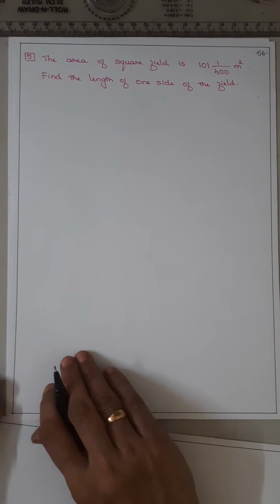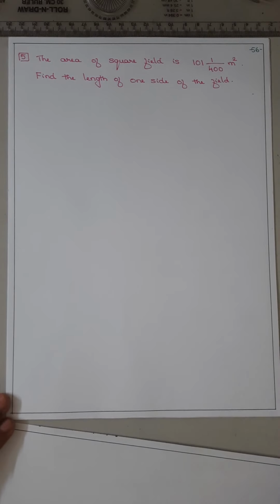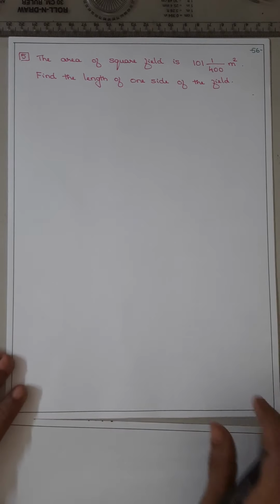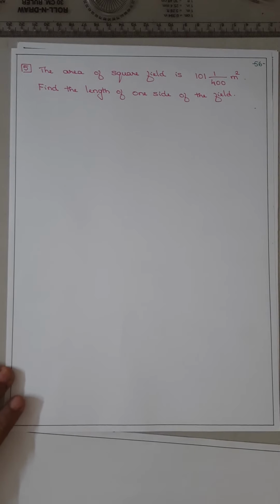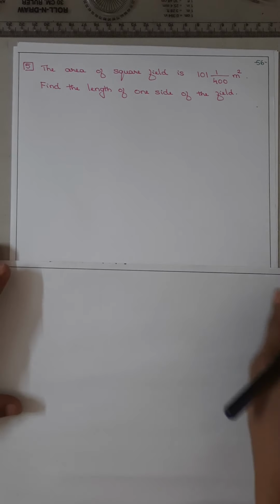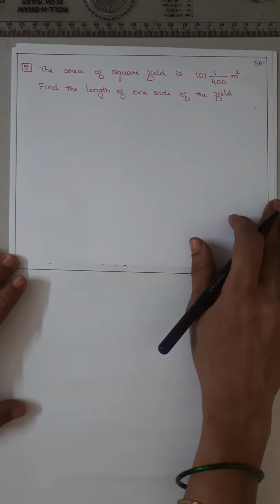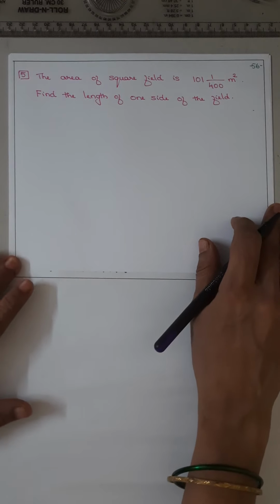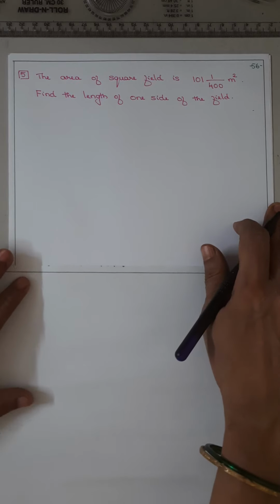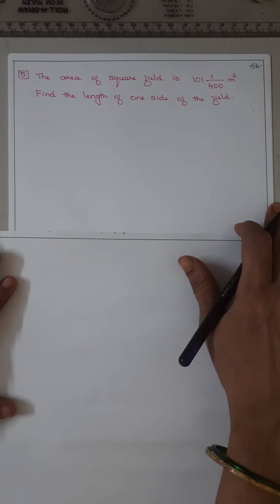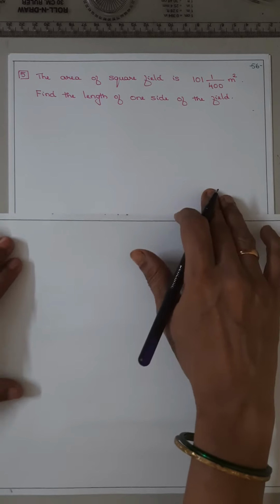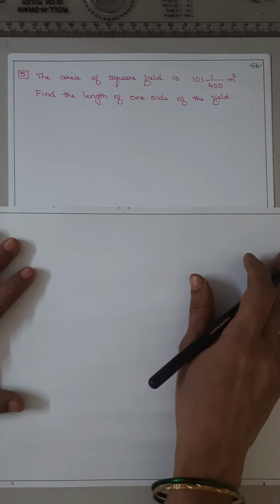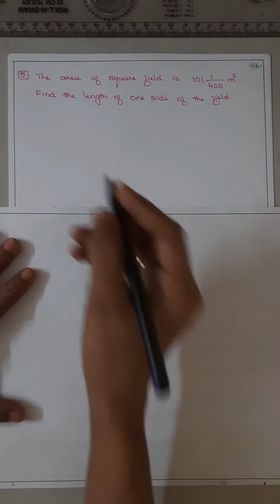Now coming to the question number 5, the area of the square field is 101 1 upon 400 m squared, that is meter square, and find the length of one side of the field. That means what? The area of the square field. We have to write the statements.